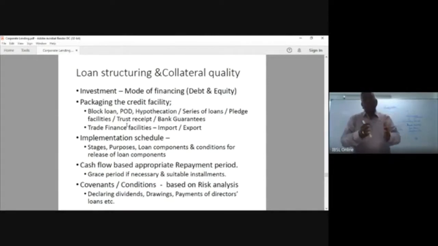He may want just a loan facility, or a mortgage over goods or a mortgage over a vehicle. But if you are analyzing a project loan or a corporate customer, you have to develop a credit package.